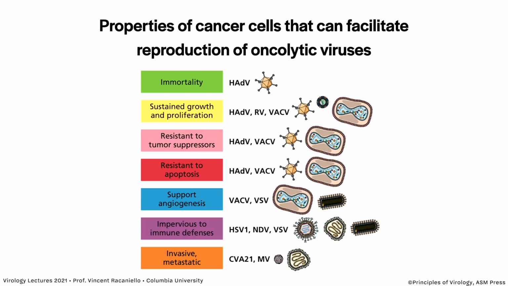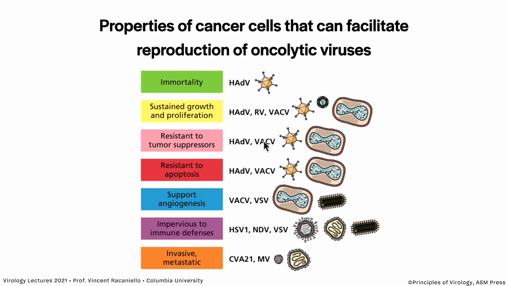Cancer cells have many common properties. We call these cancer hallmarks, right? These are listed here. Immortality, sustained growth, resistance to tumor suppressors, apoptosis, etc. These are viruses that we have used to take care of cancers with specific properties, either the wild-type viruses or mutant viruses.